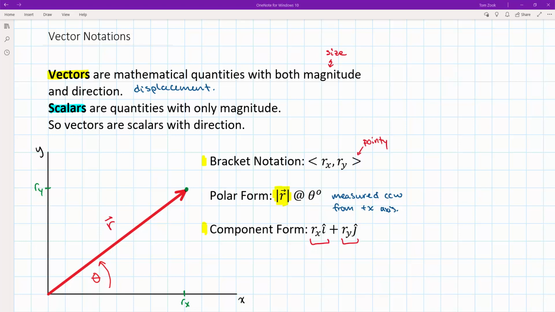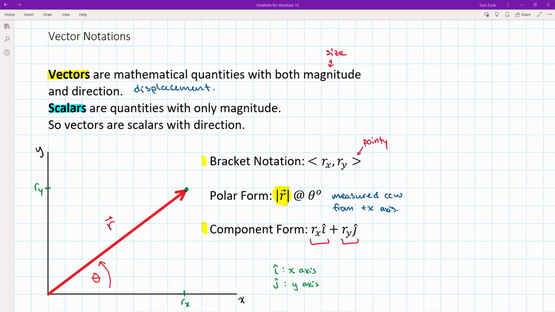And we use the notation from mathematics of i, j, and k with a little arrow hat on it. The arrow hat represents that it's a unit vector, but i represents the x direction, or along the x-axis. j represents the y-axis.